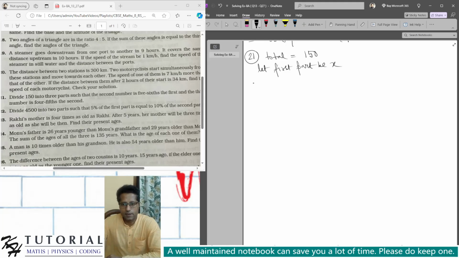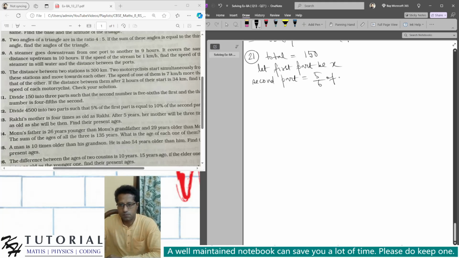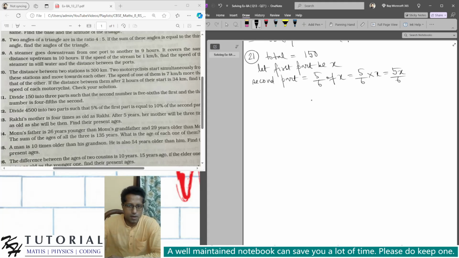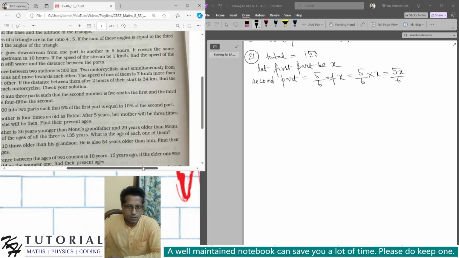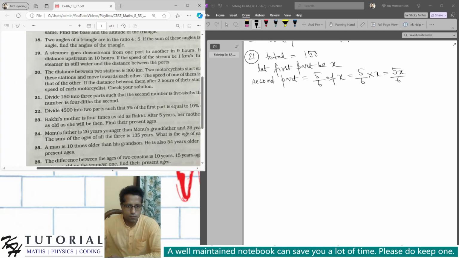So the second part will be 5/6 of the first part, that is x, which is 5/6 multiplied by x, equal to 5x/6. This is the second part, and the first part we have assumed to be x. Now what about the third part? It is given that the third part is 4/5 the second.